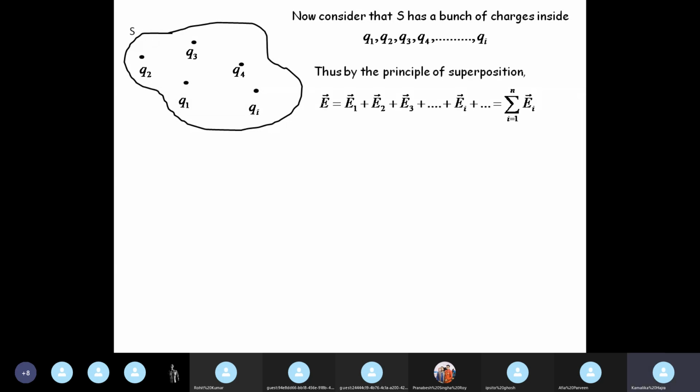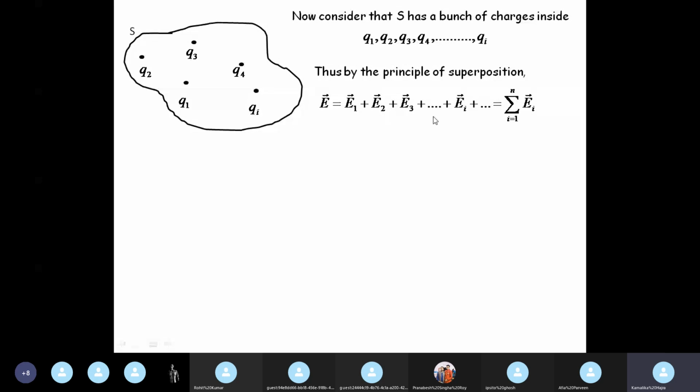So by the principle of superposition, the total electric field due to all these charges should be the vector sum of the individual electric fields. So the total electric field E is equal to E1 plus E2 plus E3 plus etc. plus Ei. That is summation Ei, i goes from 1 to n, where n is the total number of charges.